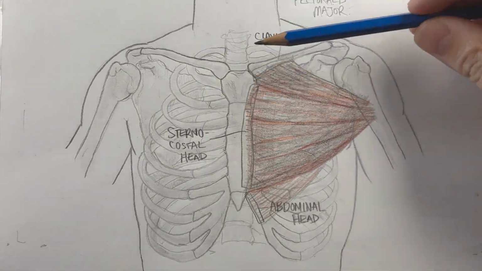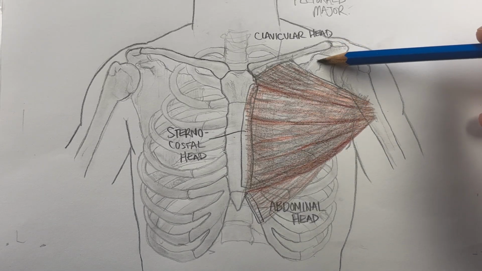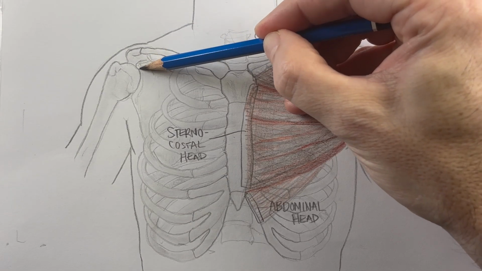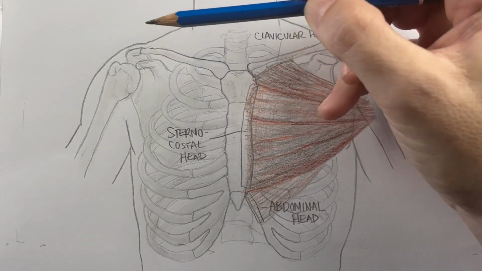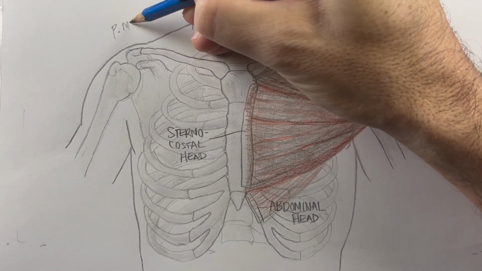Now, as I said at the very beginning, there is another muscle just underneath here, and it's attached to this part of the scapula, a little outcropping on this side, and that's the pectoralis minor.